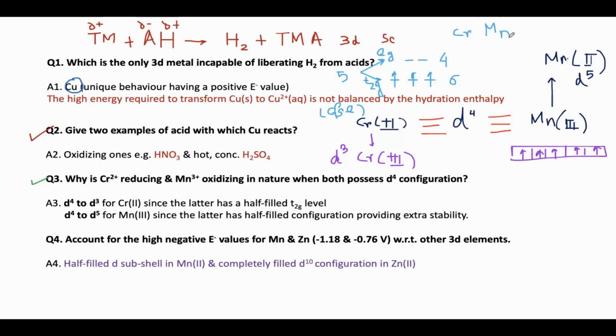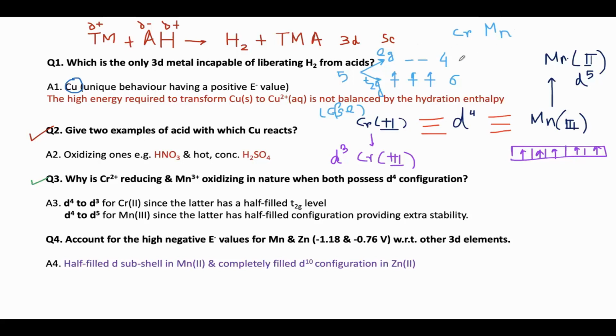Now you can see the manganese size is less than that of chromium, and also the charge of manganese is higher than that of chromium, because it is manganese 3 and it is chromium 2. So the nuclear charge density of manganese is also high. That's why manganese 3 will readily take up one electron, because it has higher positive charge.